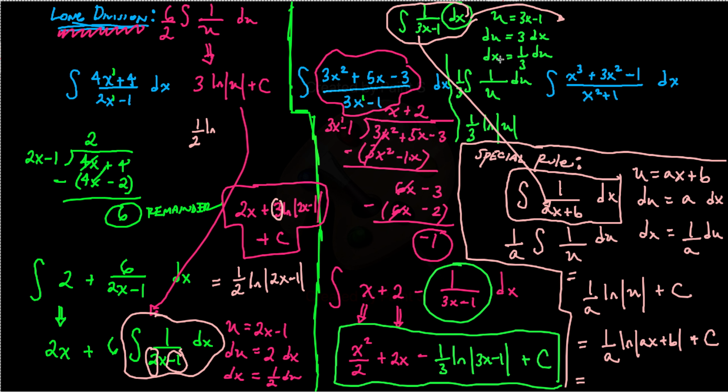But that's sort of inconsequential because if you look at this, it's 1 over 3 ln, where a is 3 and b is -1, so it's 3x minus 1, plus c. And that's exactly what I got. This is where I wrote it, and then I substituted down there. But okay, this is your special rule. You could use it or you could just do the u substitution each time. I'll do the next one. This one we'll do in the next video.